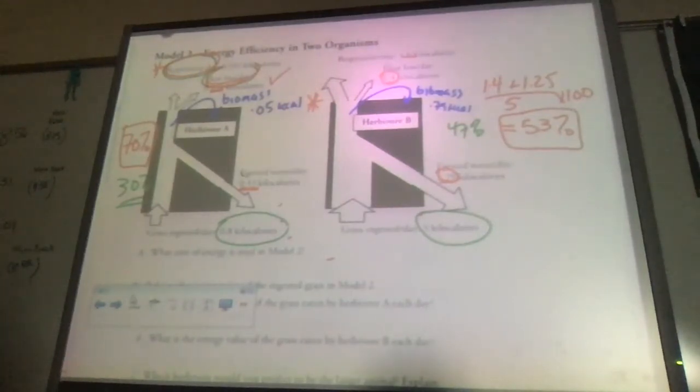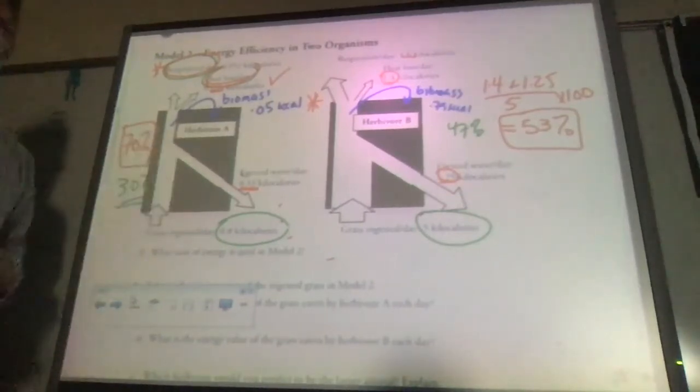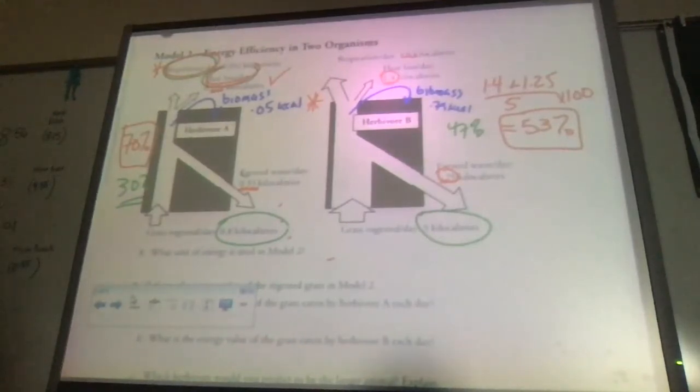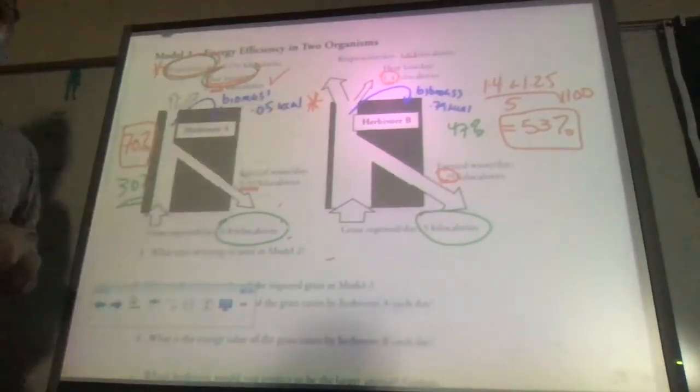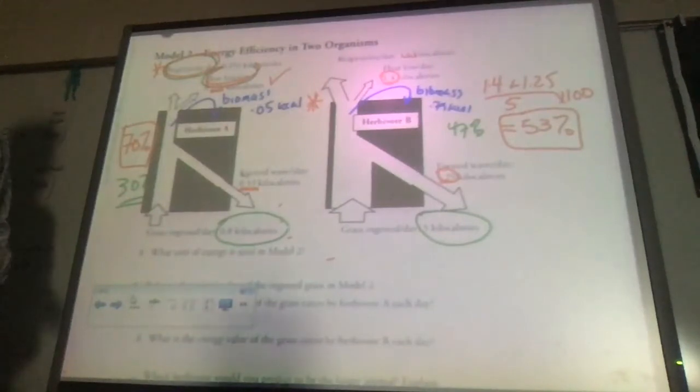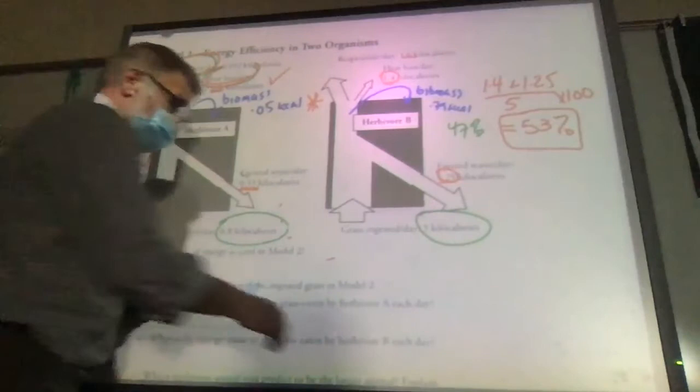So the next two calculations are saying, okay, what percent of the energy gets to go to the carnivore? So if I eat organism A, how much is in the biomass? 0.05. Yes or no?